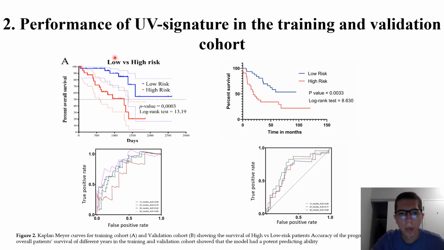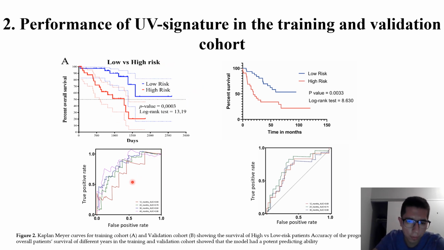We evaluated the performance of this gene expression signature using a Kaplan-Meier plot comparing high risk versus low risk patients. You can see here for the training cohort, which is the TCGA cohort, that the low risk patients tend to live longer than high risk.